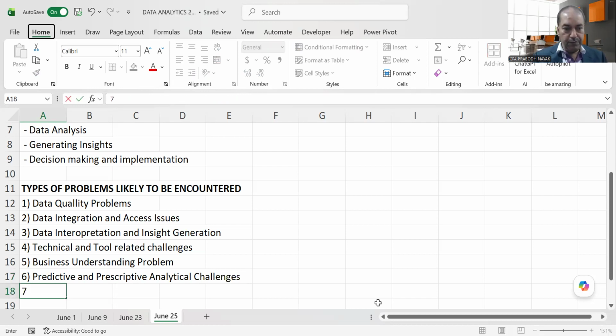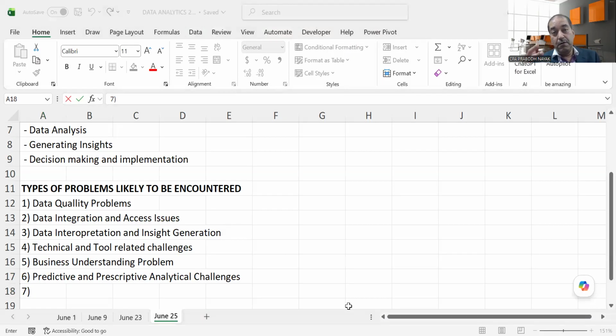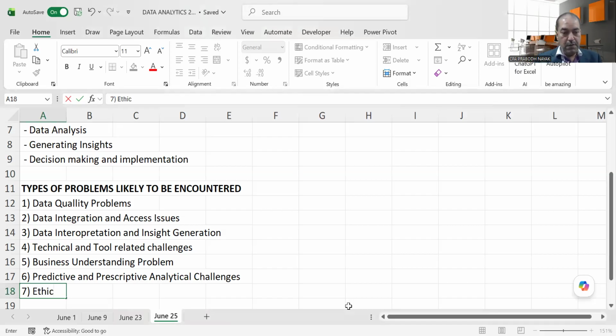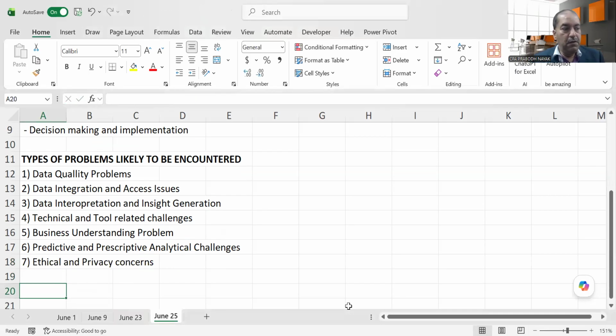Can have one more. Most important one: ethical and privacy concerns. Now these are the categories. These are not the problems. These are the categories of problems. अभी हर category में क्या breakup हो सकता है? So let us take each one of them.